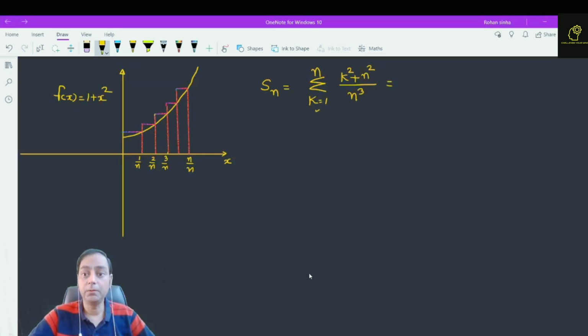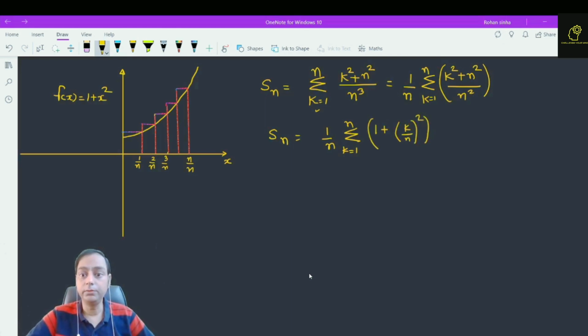Taking n outside the sign of sigma, it is something like this: (k square plus n square) divided by n square, for k equal to 1 to n. If we proceed with this further, what do we find? We find this as 1 by n, sigma k equal to 1 to n, of 1 plus (k by n) whole square.